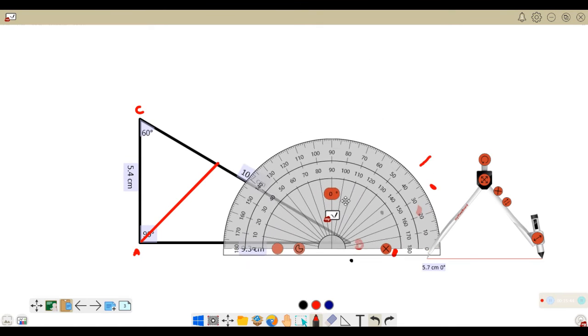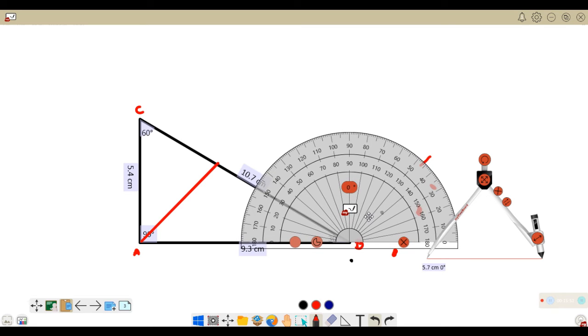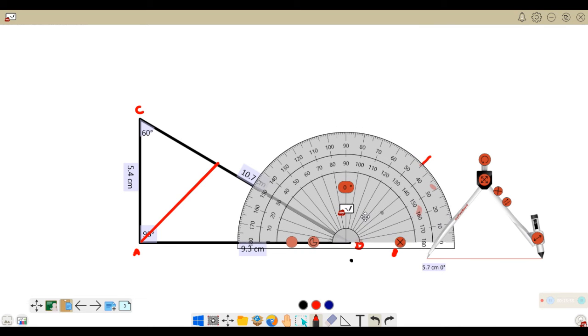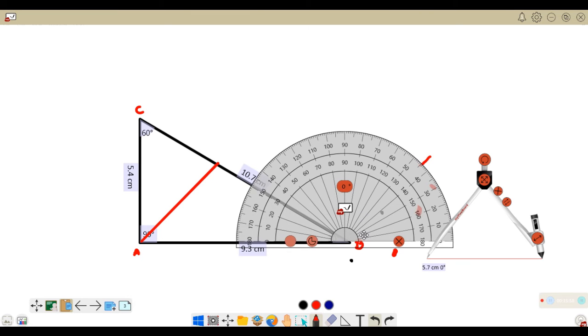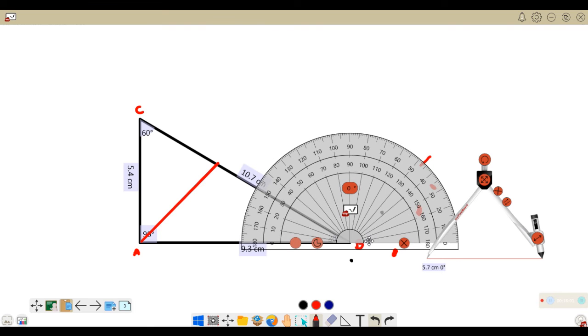So, let's fix the protractor on angle 30. There. I think this is already enough.